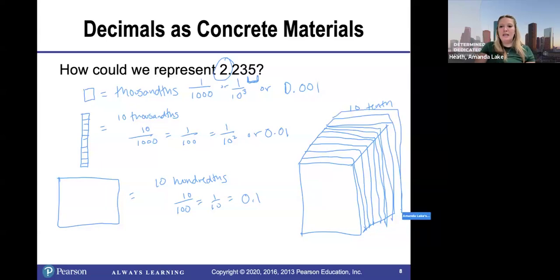I should have 10 of those flat large blocks. So this is 10 tenths, or 1.